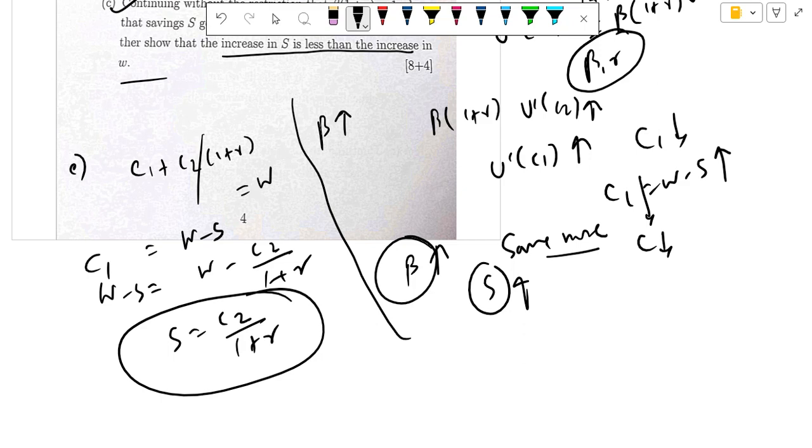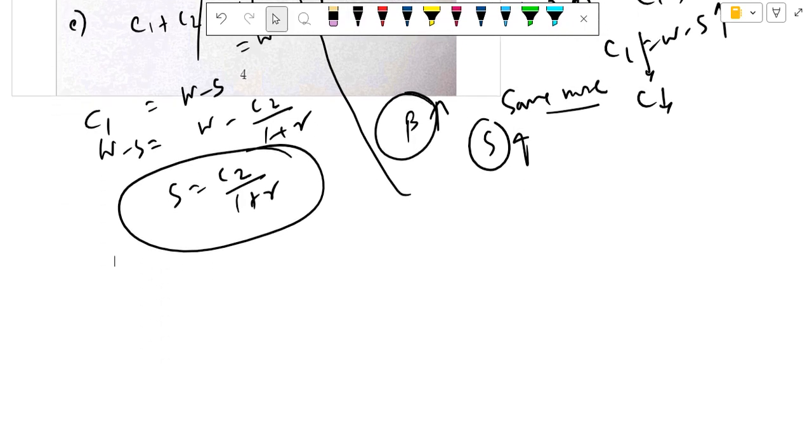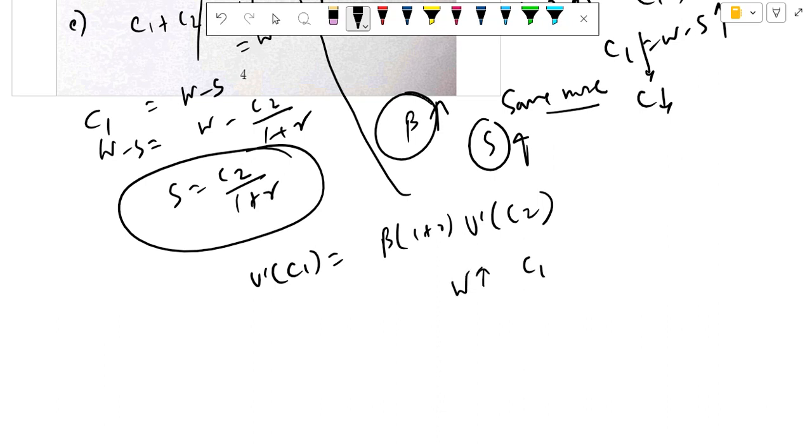Okay? So this equation shows that savings in period 1 is equal to the present value of the consumption in period 2. So let's consider the effect of an increase in w on s. Now the first order condition is u'(c1) equals beta (1 plus r) u'(c2). Given the assumption that u'(c) is positive and u''(c) negative, an increase in w would lead to an increase in both c1 and c2, but c2 will increase by a smaller amount compared to c1.